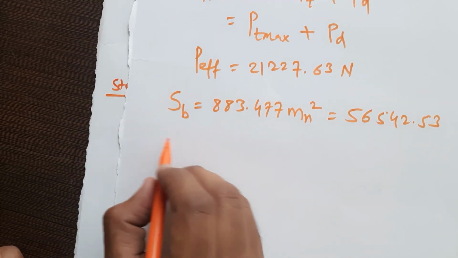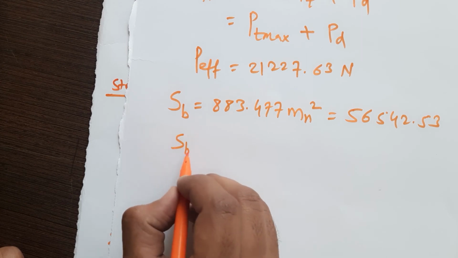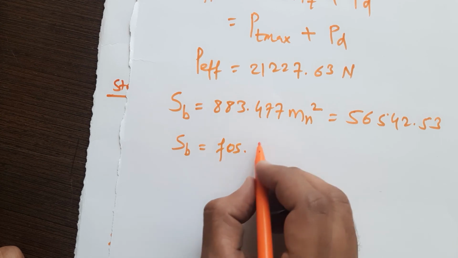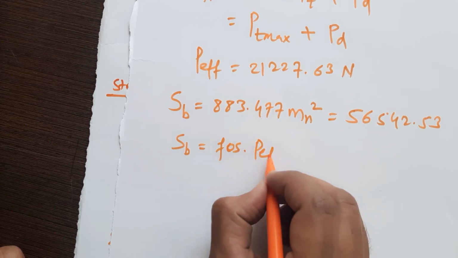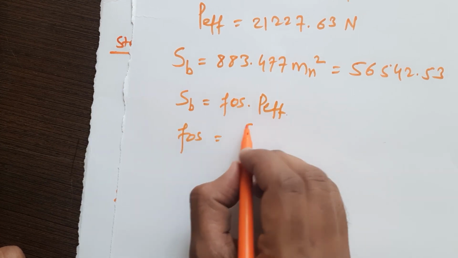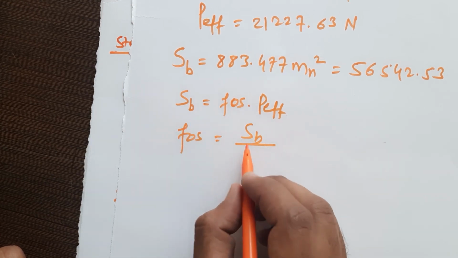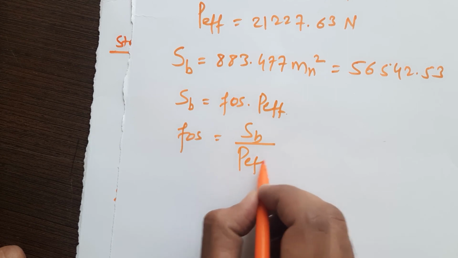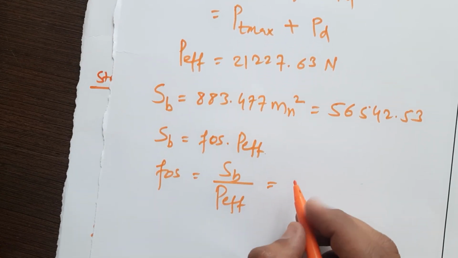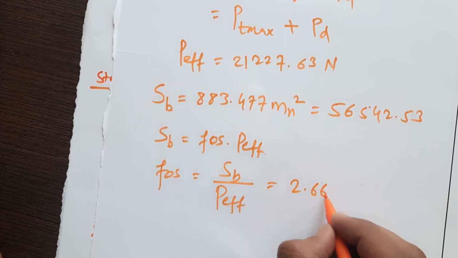Then you equate SB with factor of safety into P effective, or we can find the available factor of safety as SB divided by P effective. Dividing these, you get 2.66.